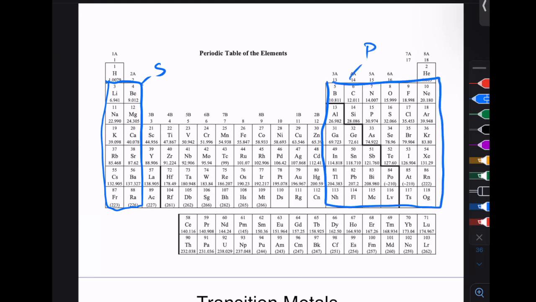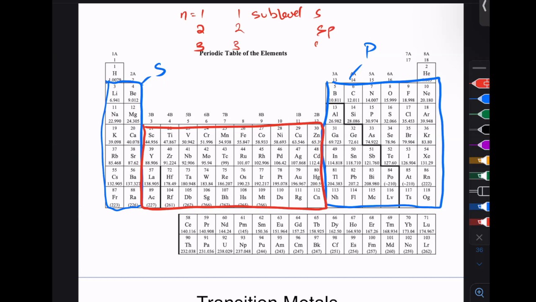Now you do have to remember one thing about the d's. What's the first principal energy level where you get a d sublevel? It's at 3. You got to remember at n equals 1, there's one sublevel. That's s. At n equals 2, you've got 2 sublevels, s and p. At n equals 3, you have 3 sublevels, s, p, and d. So the first time you see a d sublevel is at n equals 3.